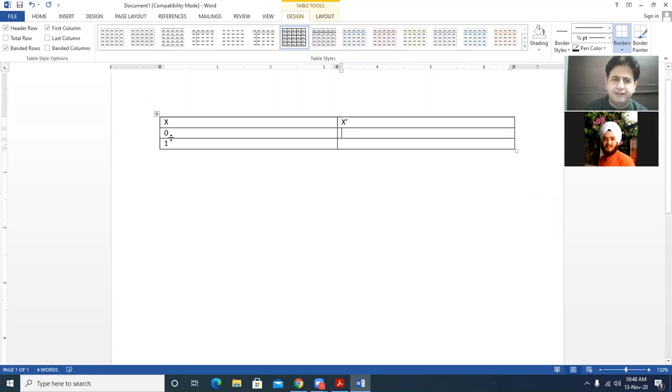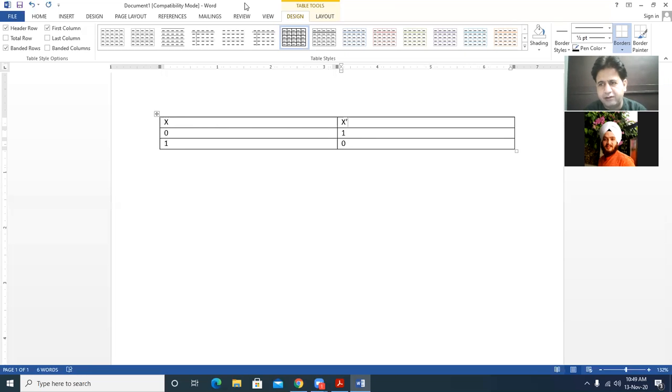If x is 0, its not will be 1, and if x is 1, its not will be 0. This is the truth table of not. Not is always the opposite of the original value. If original is 0, its reverse will be 1, and if original is 1, its reverse will be 0. This is x and this is x not.